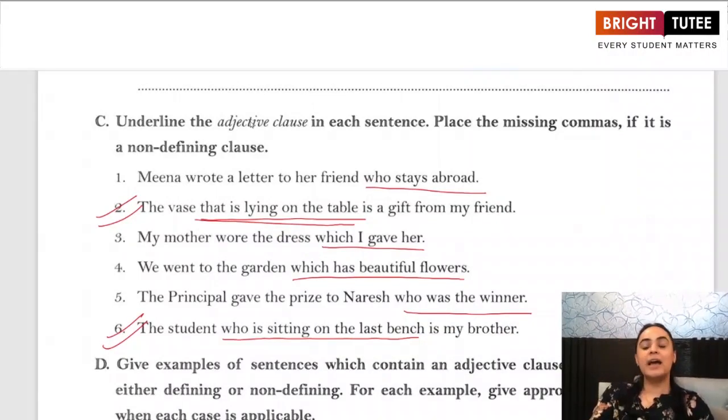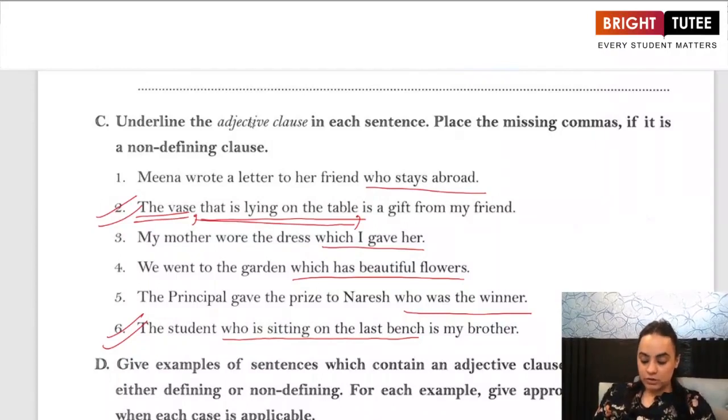In the sentence number 2, as well as the sentence number 6, my clause is defining because it is defining my antecedent very clearly. The vase that is lying on the table. It defines my antecedent. What is my antecedent? The vase. Look at the 6th sentence.